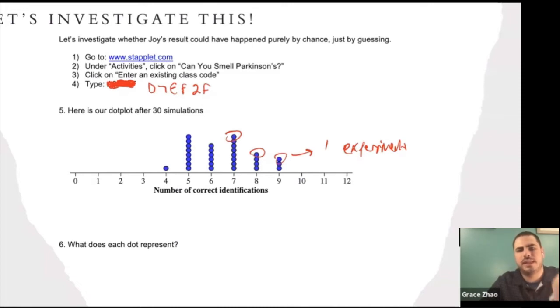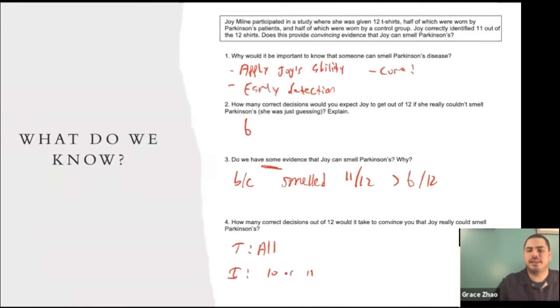So each one of those is a different experiment where we sat down, smelled the 12 shirts, and guessed, right? That's a super important thing to realize as we move through this world of AP statistics. Every single one of those represents a different experiment.